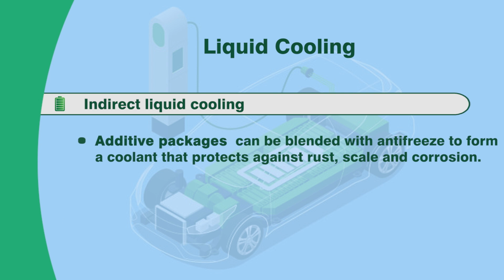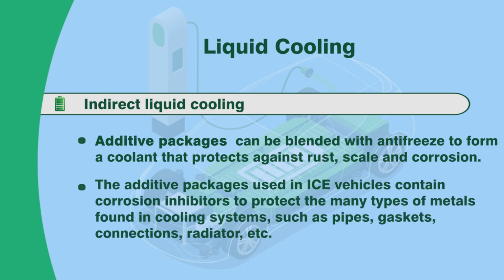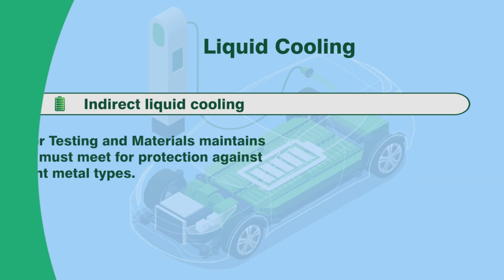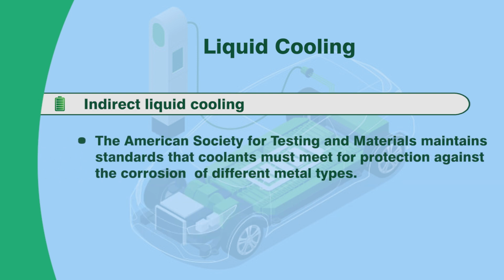These additive packages, that 1% additive package, can be blended with antifreeze to form a coolant that protects against rust, scale and corrosion. The additive packages used in ICE vehicles contain corrosion inhibitors to protect the many types of metals found in cooling systems such as pipes, gaskets, connections, radiators, etc. Now, there should be some standard for this.